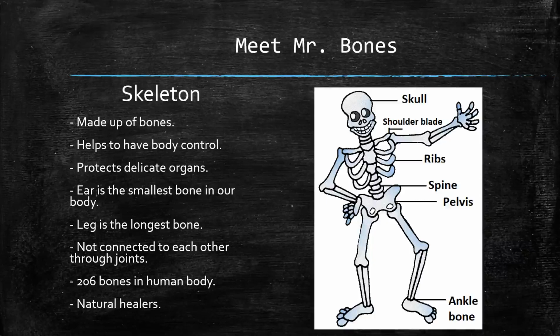Bones are connected to each other. We have 206 bones in our body, and bones are natural healers. So don't worry, if you fall and break your bone, it will heal itself in time. Let's proceed to the next slide.